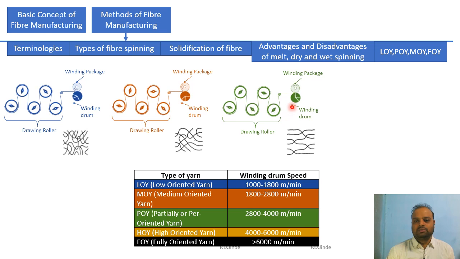When you increase the winding speed, you can see the first drawing roller has the same speed as in MOY and LOY, but the winding rate and all other drawing rollers have relatively higher speeds. So the higher winding speed causes the molecular structure to orient partially, and that's why this yarn is called partially oriented yarn.